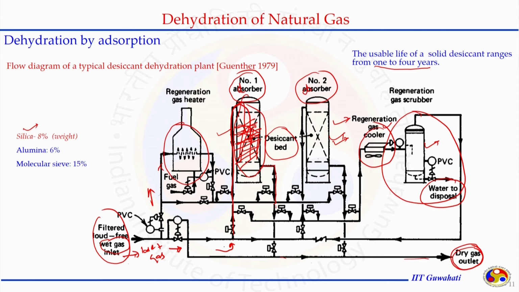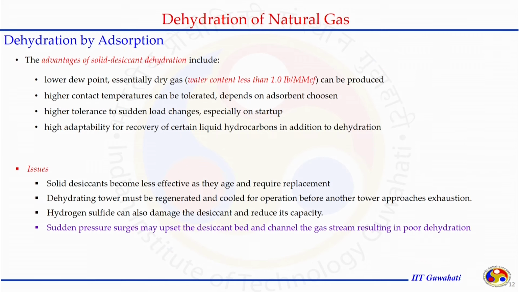And if we look at the advantages of the adsorption process, we can say a lower dew point can be achieved, and that means we can get dry gas with a very minimum amount of water content, up to less than 1.0 lb per mmCF. That is the advantage of using the solid desiccant.